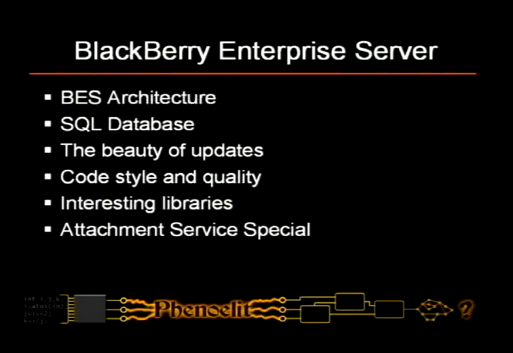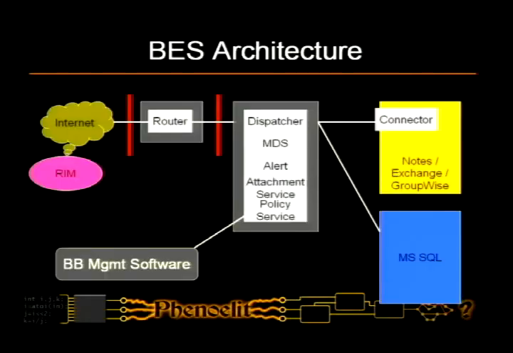The enterprise server. Let's look at the architecture a little bit more in detail. What we have here is the enterprise server box in the middle. And then you have something called the Blackberry router, which is actually just an SRP and TCP relay. It's nothing fancy.